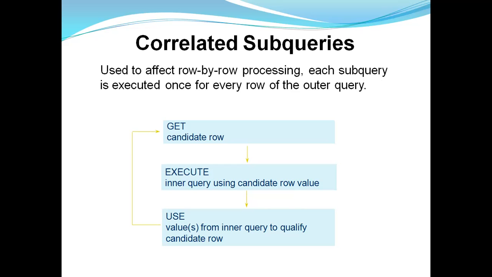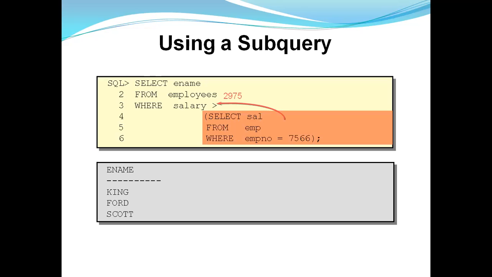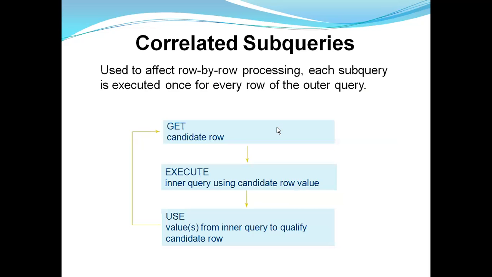In the earlier case, this query is independent. It does not have to take anything from the outer query. But when it needs some value from the outer query, then this query is considered a correlated subquery.